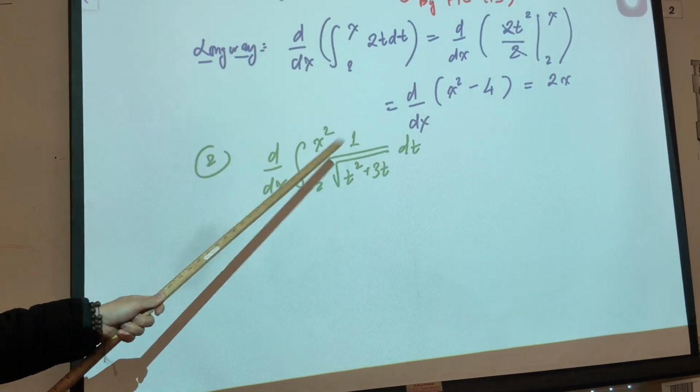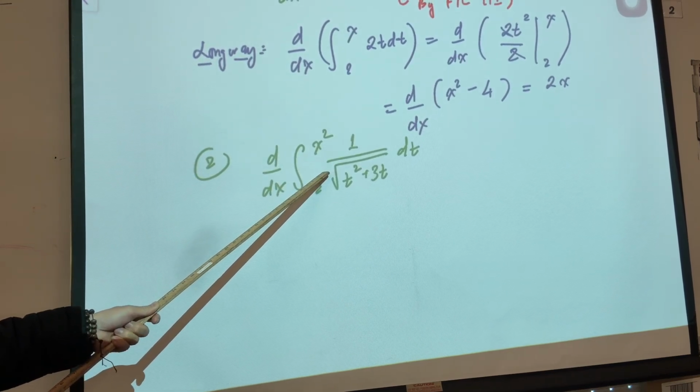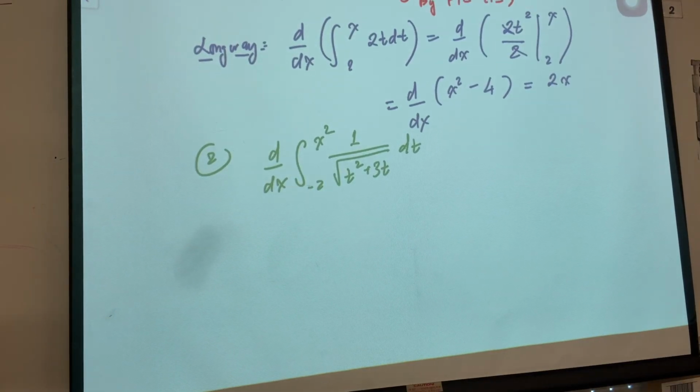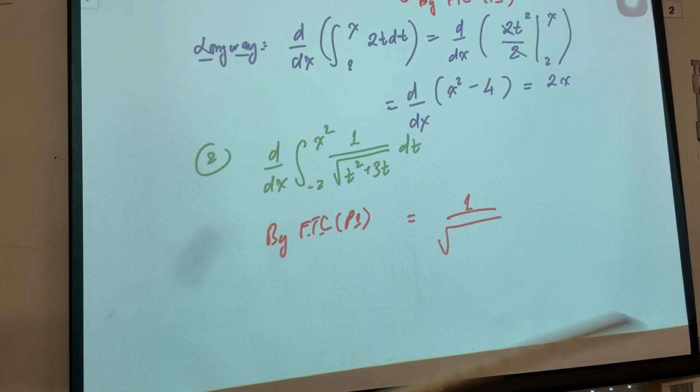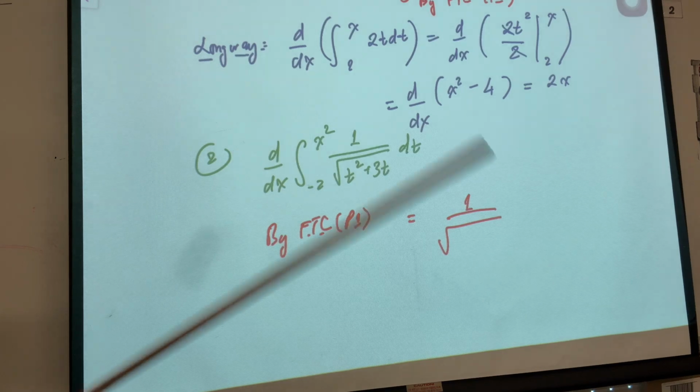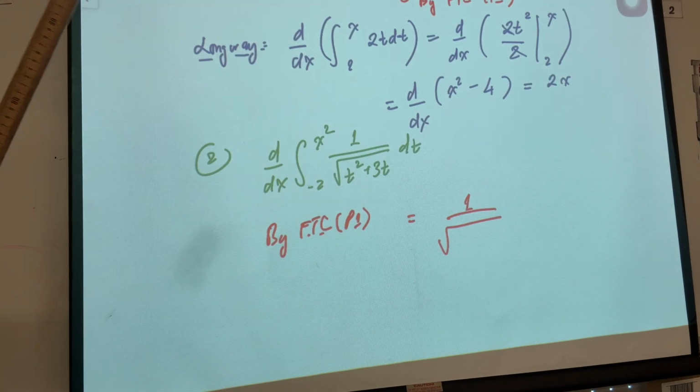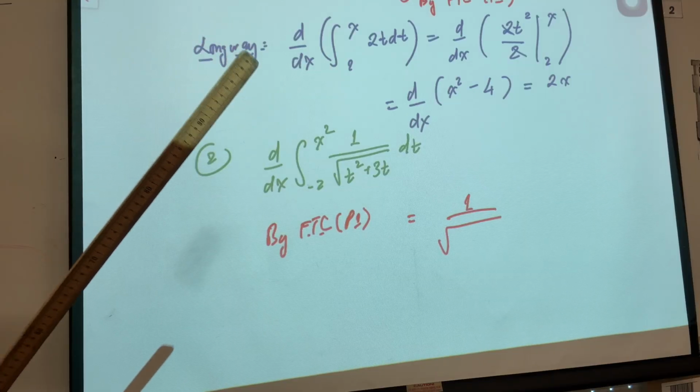So by FTC part 1, what is this equal to? 1 over the square root of... Someone said something, who said that? X to the 4? Why x to the 4?